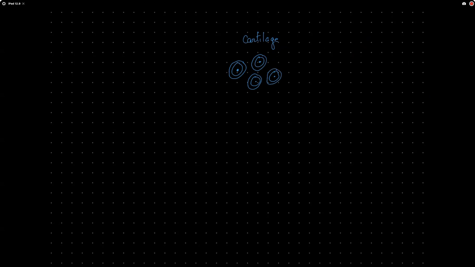We call the cells of the cartilage my chondrocytes, and the space surrounding those chondrocytes are going to be my lacunae. So if I see chondrocytes in lacunae, this tells me that I'm looking at a cartilage tissue.